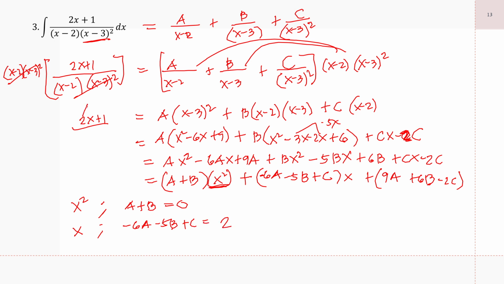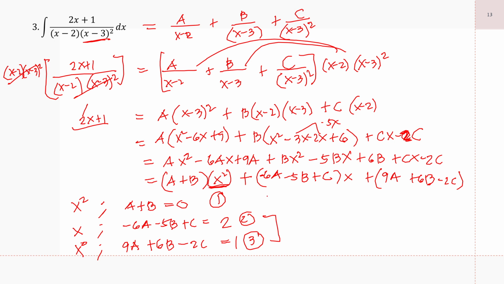And for the constant, x raised to 0, 9a plus 6b minus 2c is equal to 1. So this is our equation 1, equation 2, and equation 3. Let's proceed first with equations 2 and 3, because this is complete, so we can now factor.